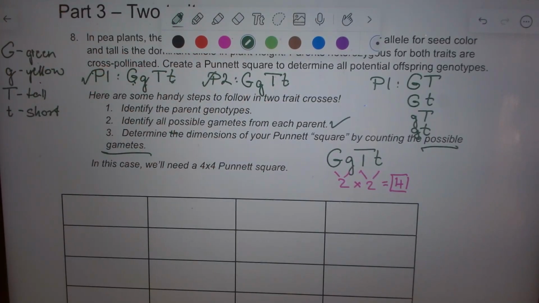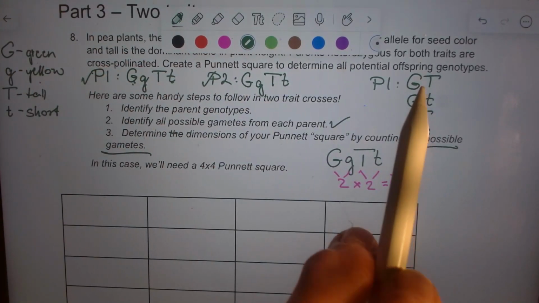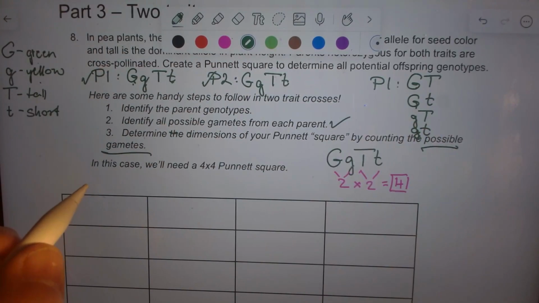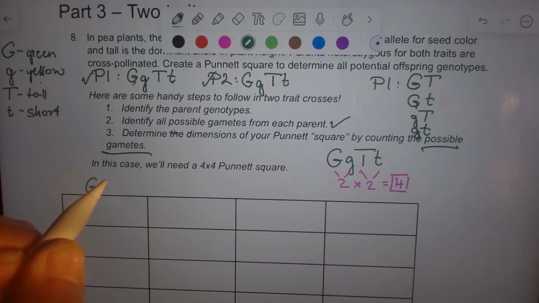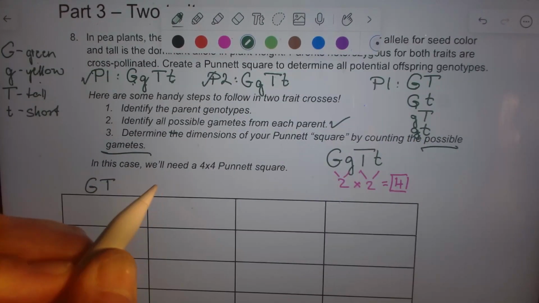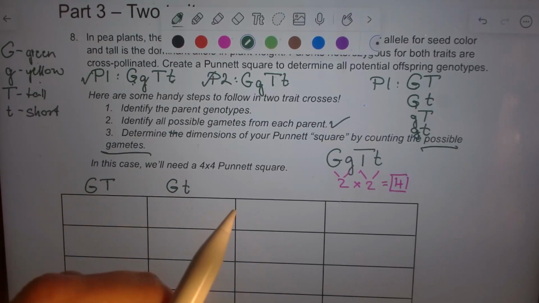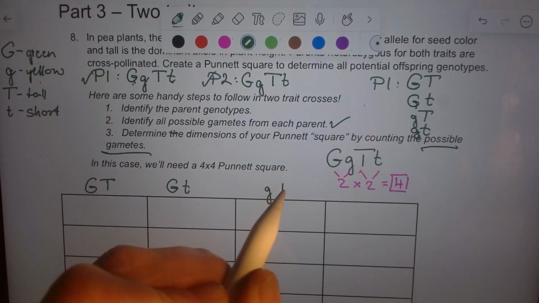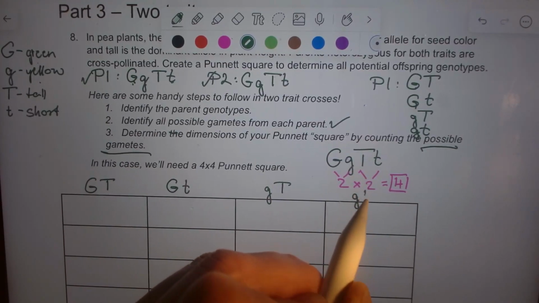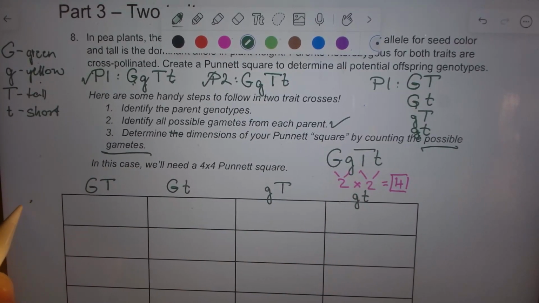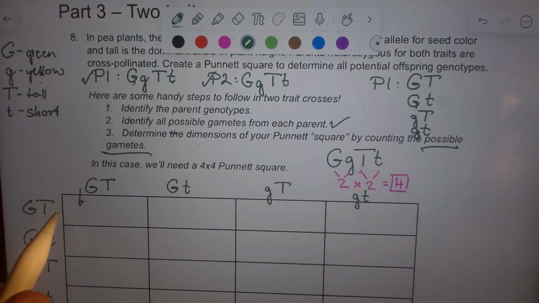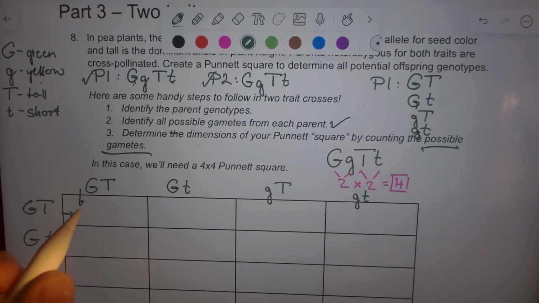So moving forward, these are the possible gametes we will put at the top of the big Punnett square. This is one parent, and the other parent will be on the side. And please pull those gametes together.